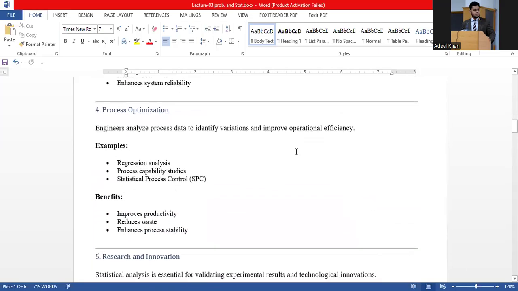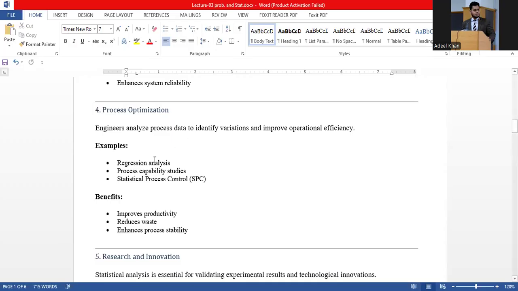So the fourth aspect is process optimization. Engineers analyze process data to identify variations and improve operational efficiency. An example for this aspect is regression analysis, in which we have different aspects of data in a single domain or two domains, where the data is mapped on a graph, and we need to fit the data to an approximate, in-line arrangement, to a curve or straight line.